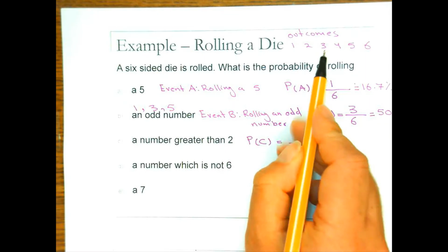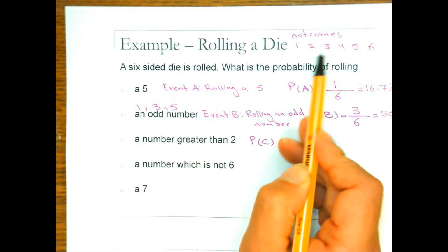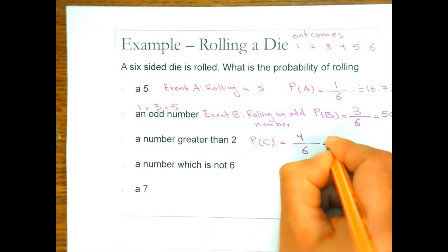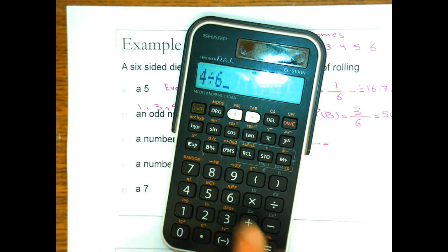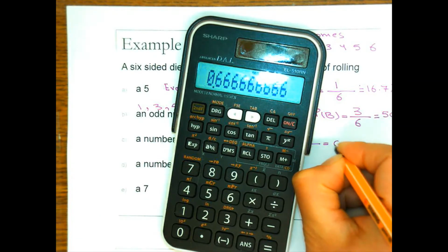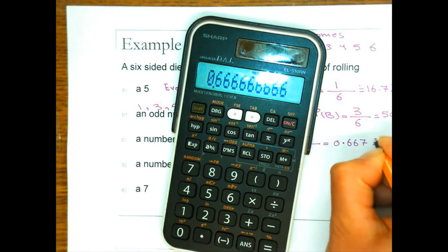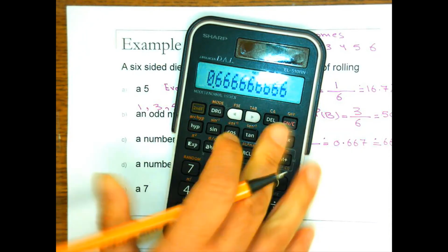How many of them are more than 2? Either you get a 3 or a 4 or a 5 or a 6. So 4 out of 6, which is 0.667, which is approximately 66.7%.